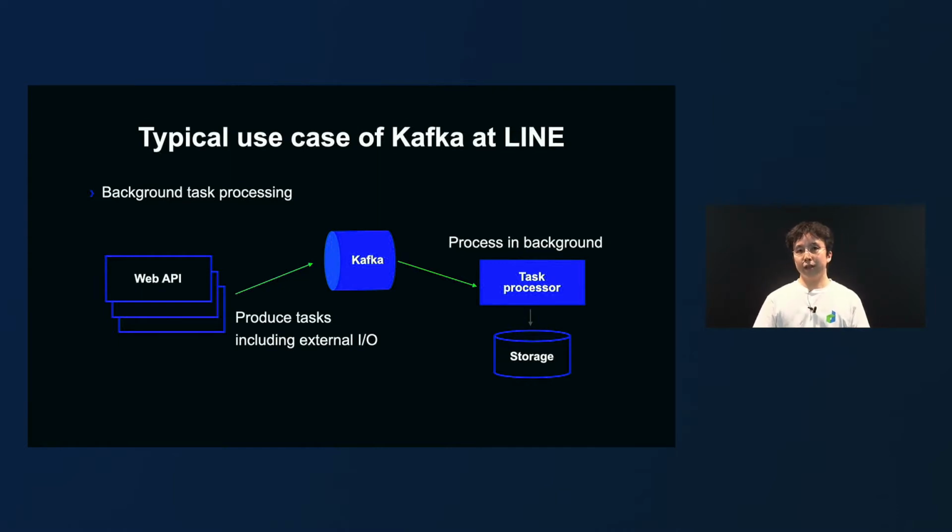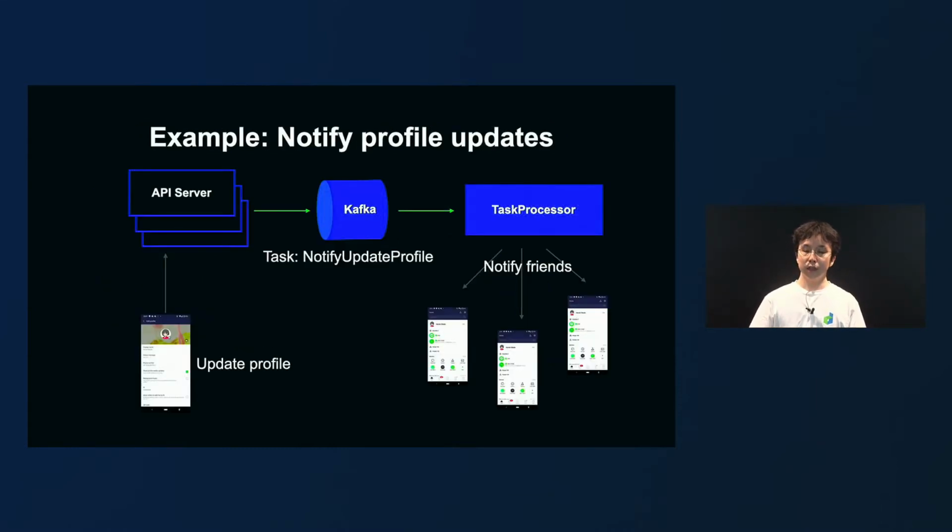Kafka is a middleware optimized for data streaming. In comparison to the API server executing external I/O directly to the storage, basically the API server produces tasks to Kafka, and this can be done reliably and efficiently.